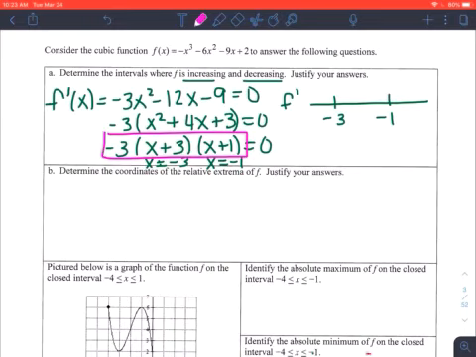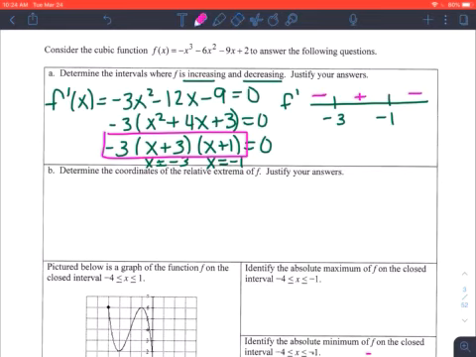If I stick in negative 10, I'm going to get a negative 3 times a negative something times a negative something, which is a negative. If I stick in negative 2, I'm going to get a negative 3 times a positive times a negative, which is a positive. And if I plug in 0, I'm going to get a negative times a positive, which is a negative. So that is how we can check our signs.